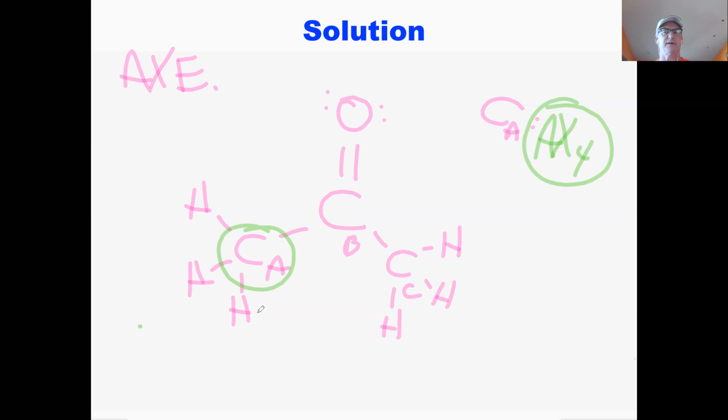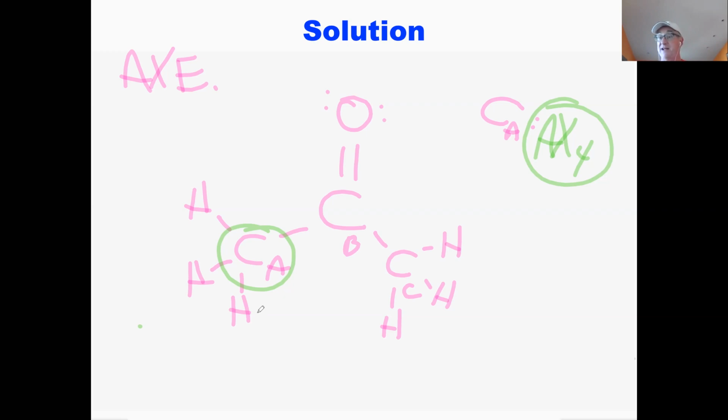Remember, there's no lone pairs. And if there's no lone pairs, the shape and the geometry should be the same. So if the overall geometry is tetrahedral, what's the shape going to be? Yes, Pavlin.